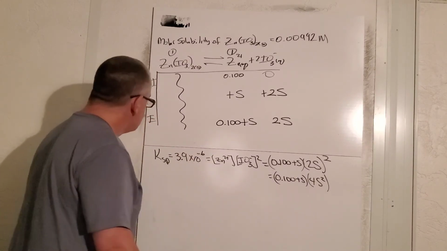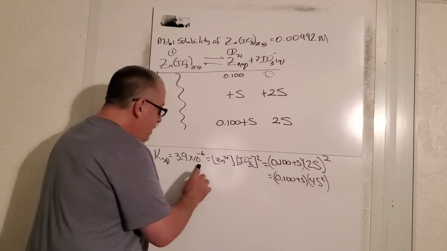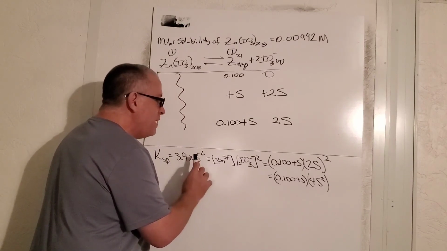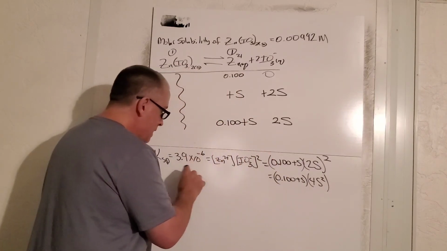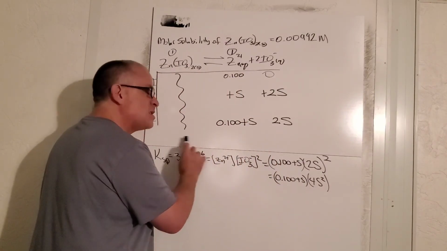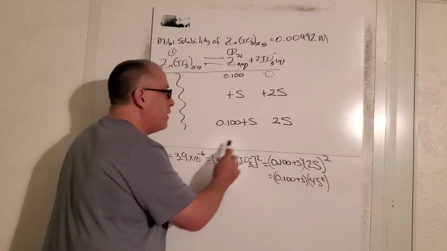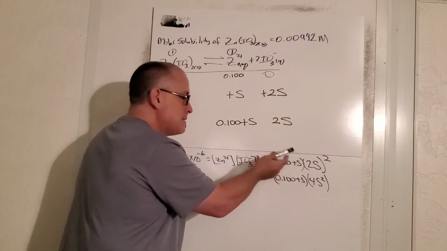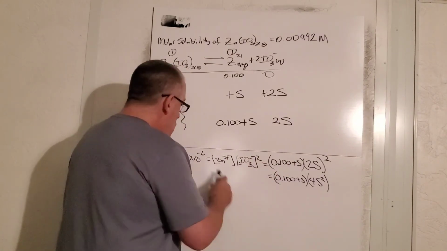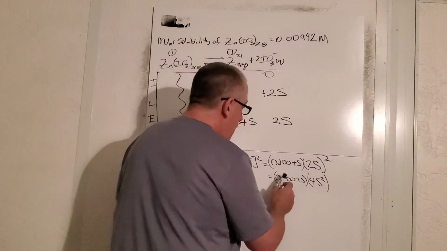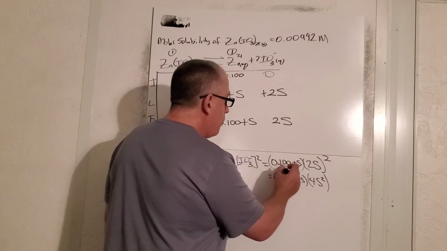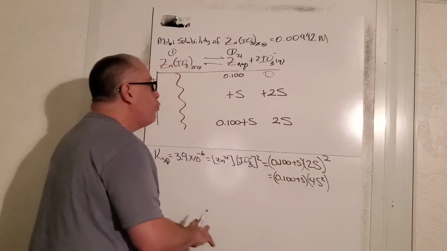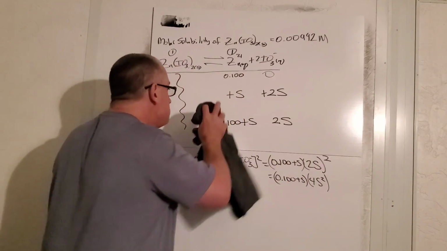But 3.9 times 10 to the minus 6 means typically my S is going to be a very small number, because this means it doesn't like to dissolve very much. And if it doesn't like to dissolve very much, you're not going to get very much S. So I'm willing to bet that I can use the S is small approximation, where 0.1 plus S is going to be really close to just 0.1.